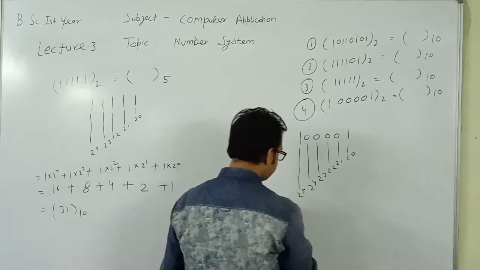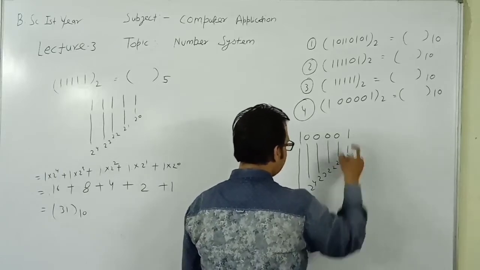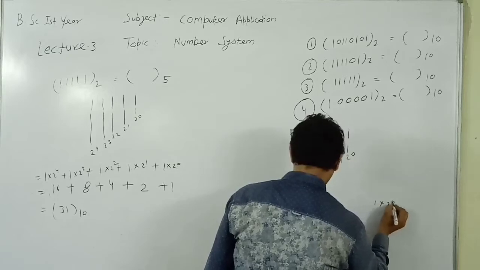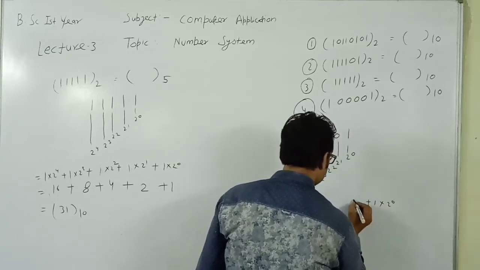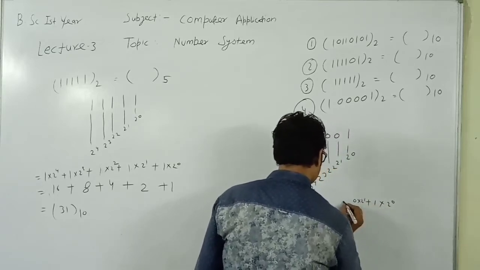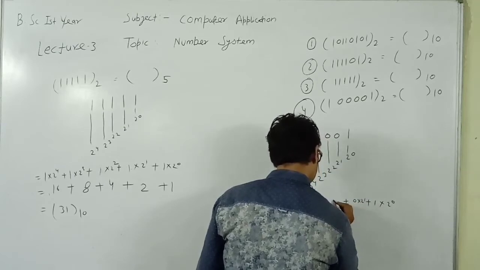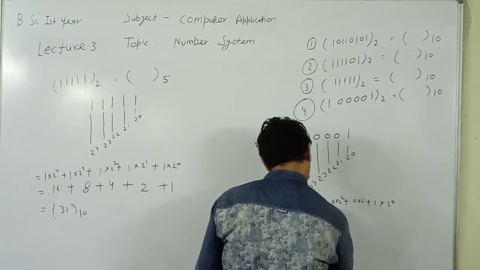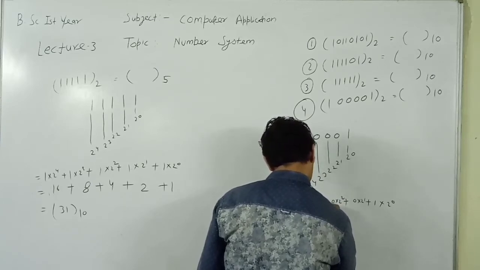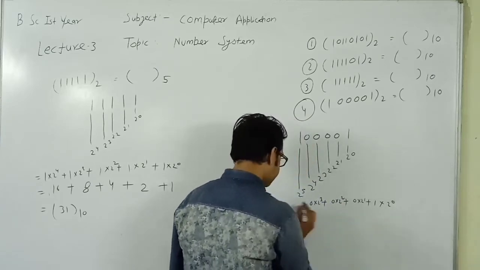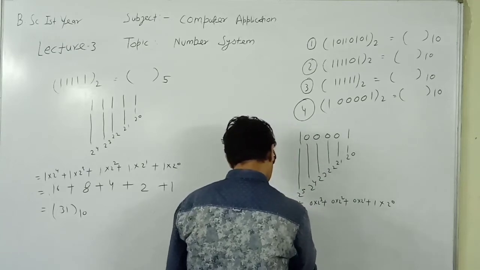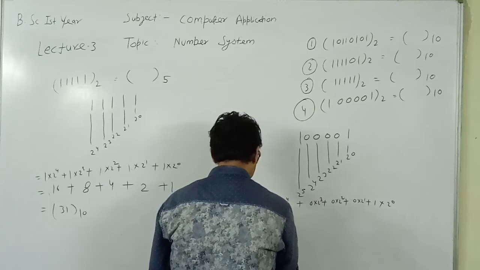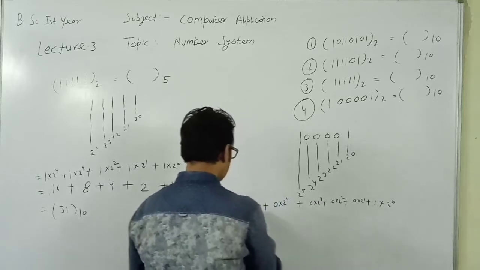Now 1 into 2 to the power 0 plus 0 into 2 to the power 1 plus 0 into 2 to the power 2 plus 0 into 2 to the power 3 plus 0 into 2 to the power 4 plus 1 into 2 to the power 5.